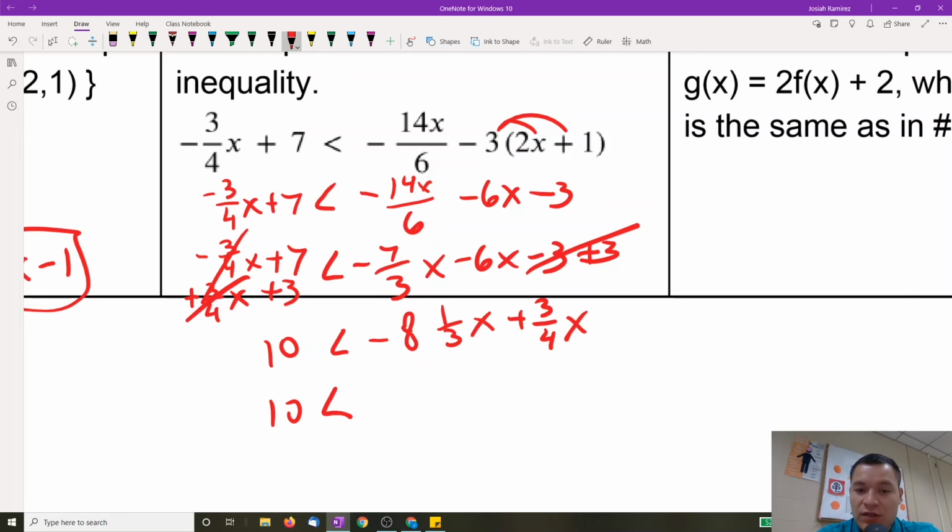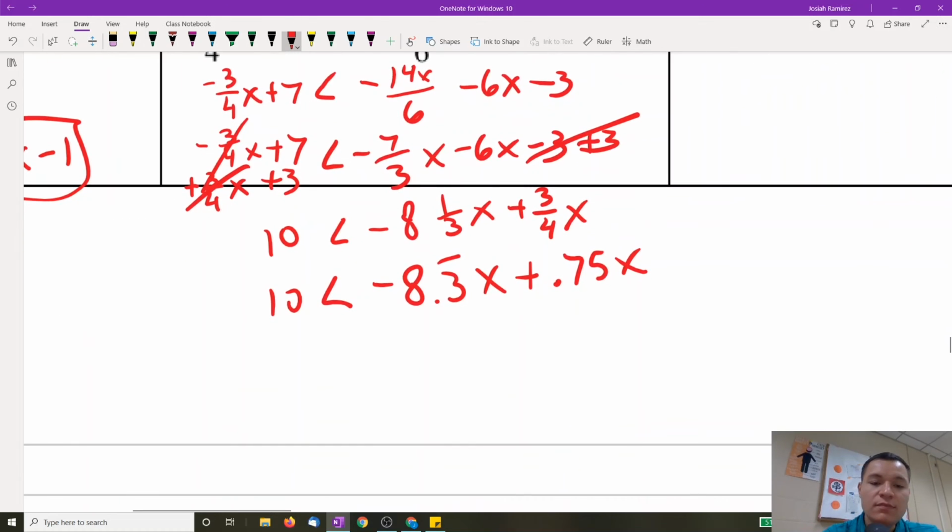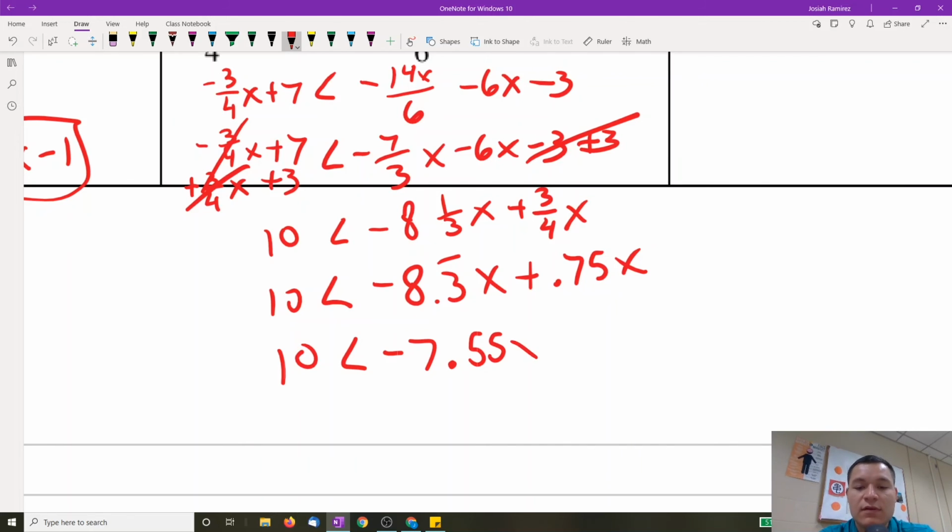You could change these fractions into decimal form, and that's what I'll do. Negative 8.3 repeating x plus 0.75x. 10 is less than negative 7.55x.